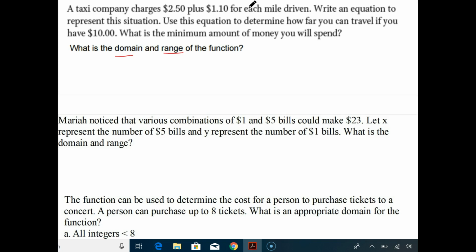So my money that I'm being charged, or the dollars that I'm spending, D for dollars, and then I'm spending $1.10 each mile.